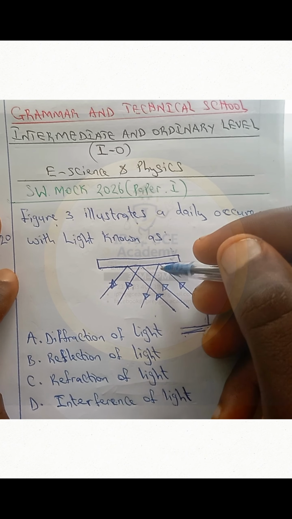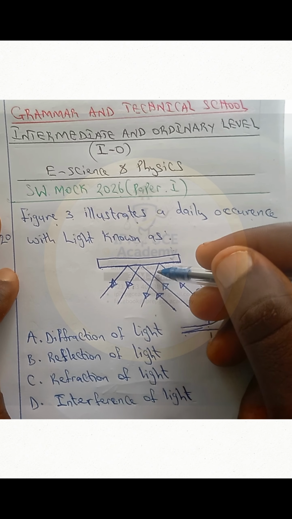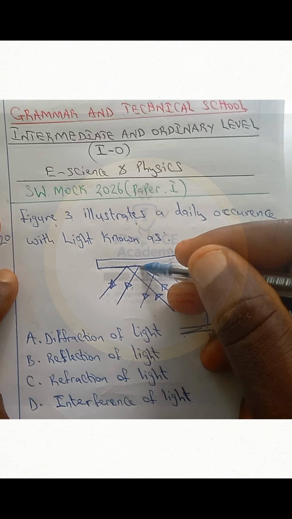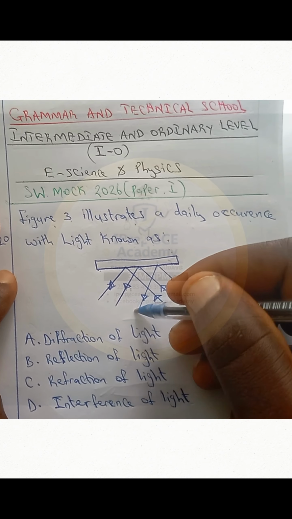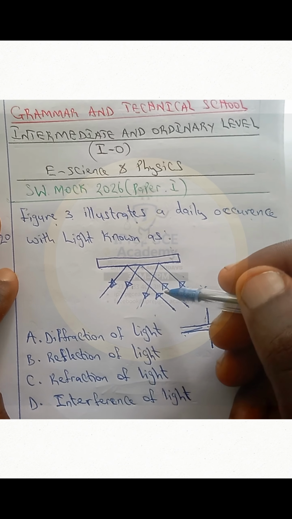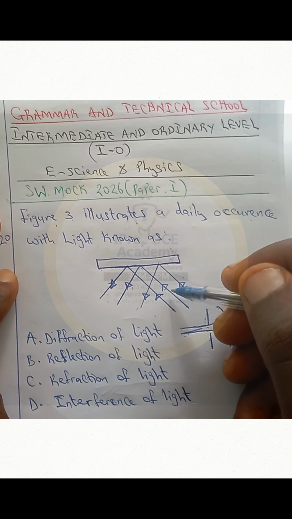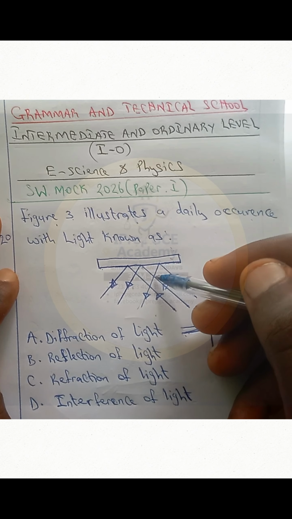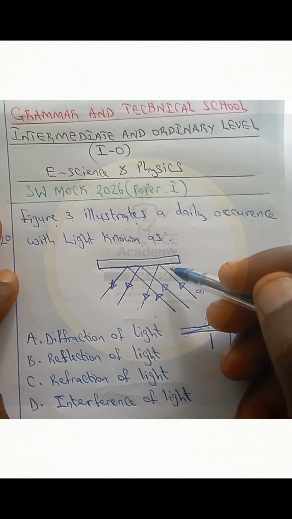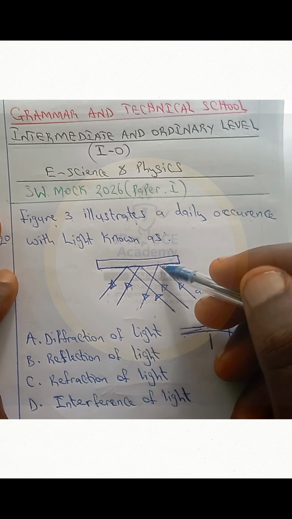And as it hits the interface, it bounces back, or it returns. So it hits the interface and returns into the medium from which it is coming. That's reflection. So you can see that this is reflection because the light does not go through, but it returns here into the medium from which it is coming. This is regular reflection from a very smooth surface.